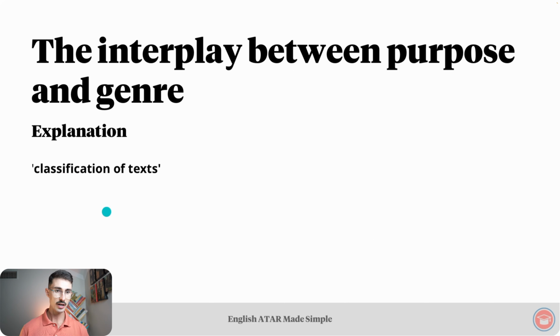Firstly, this term classification of text hopefully sounds familiar because it refers to the genre of form and structure. Remember, genre of form and structure basically just refers to the types of text that we study in English ATAR. And those types of texts include movies, documentaries, novels, short stories, photographs, blog posts, articles, and so on. All of those are different classifications of texts.